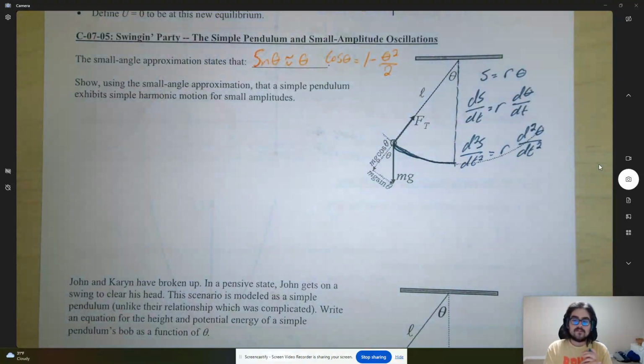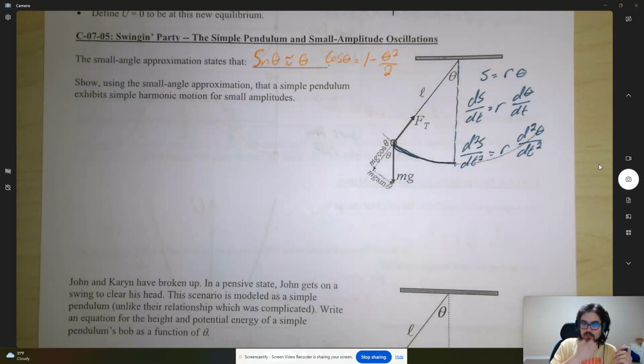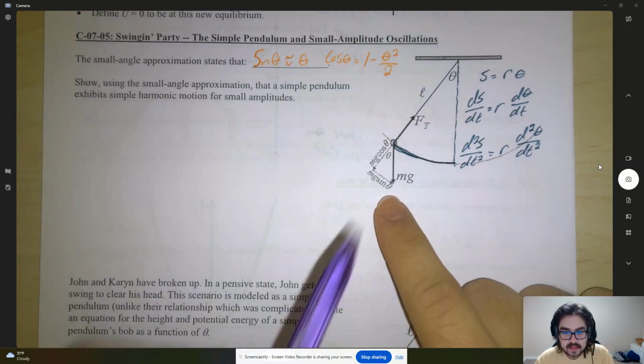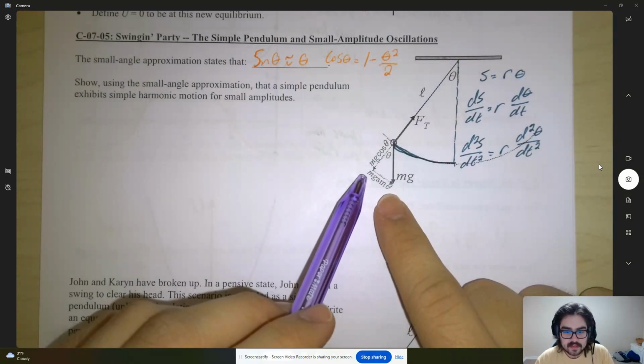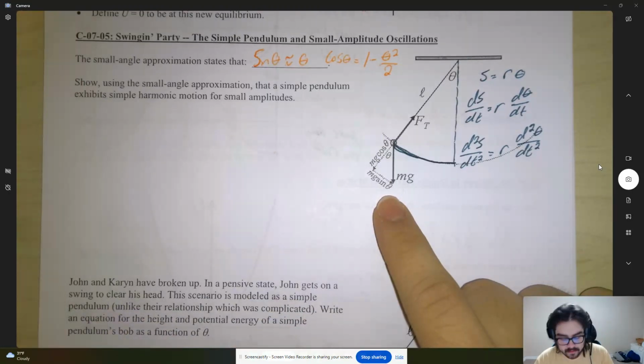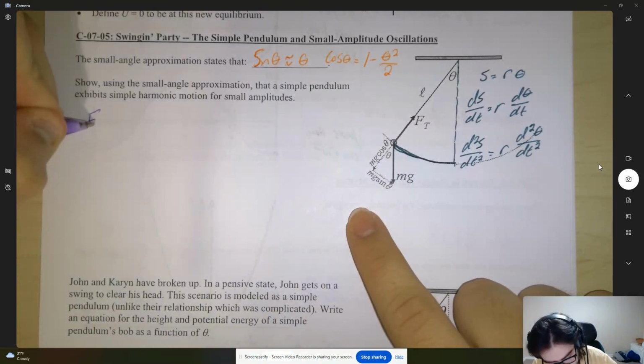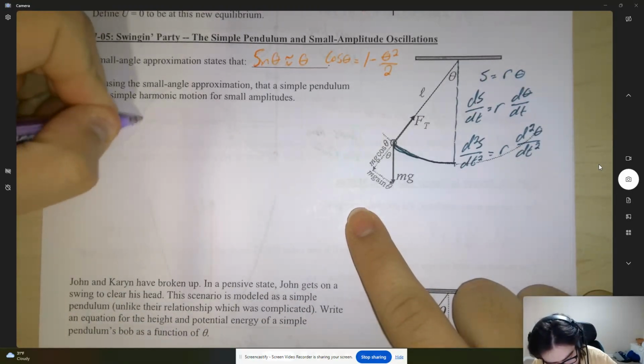I just differentiated it twice. Now, it's going to seem like I'm changing gears real quick, but I want to start with F net equals MA. F net equals MA.